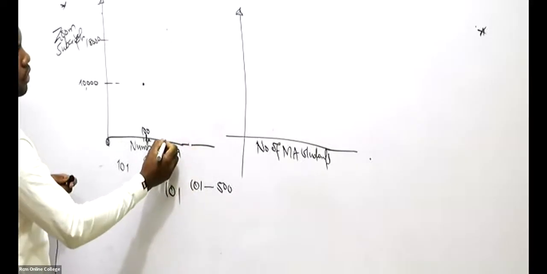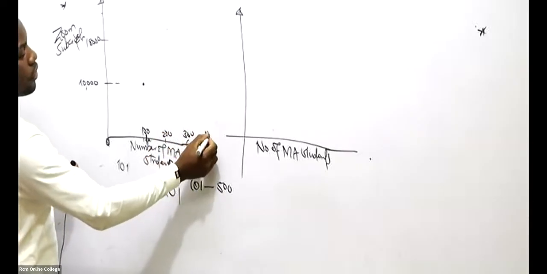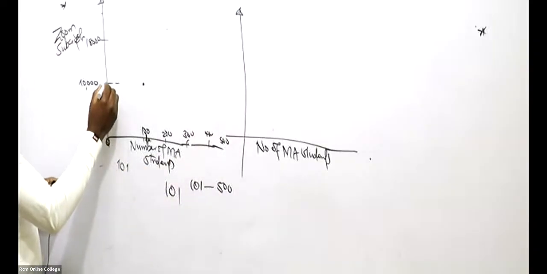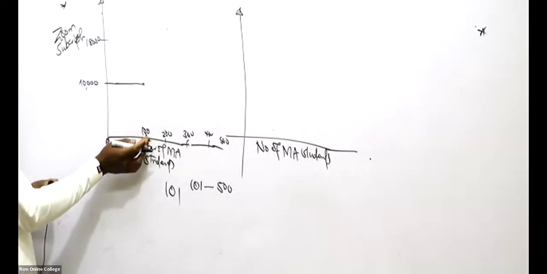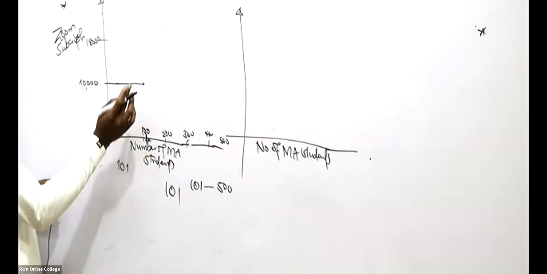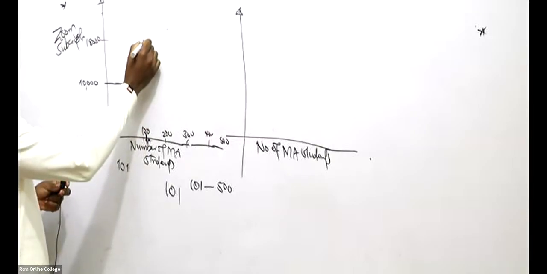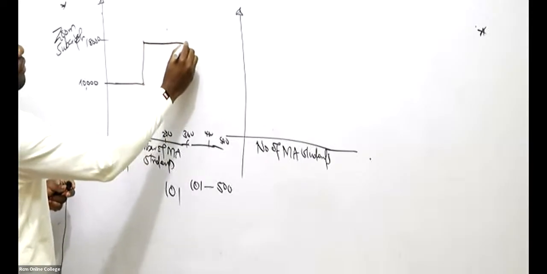Let's say we have 100, 200, 300, 400, 500. So what is happening? You can see we started from this point. What happens? The moment the student increases above 100, this cost will increase, right? To increase vertically. It goes all the way to where we have 500 students.